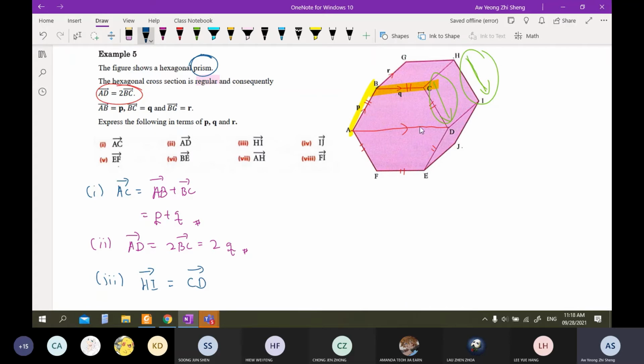Why do we want to move it in front? So that it's easier to involve P and Q. To get from C to D, we can take a long path, going from C to B, from B to A, and from A to D. CB plus BA plus AD.